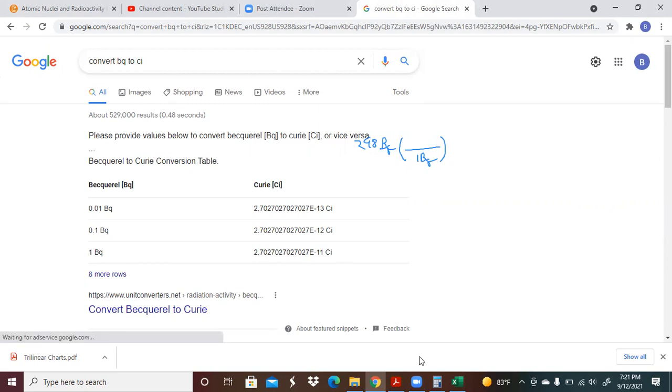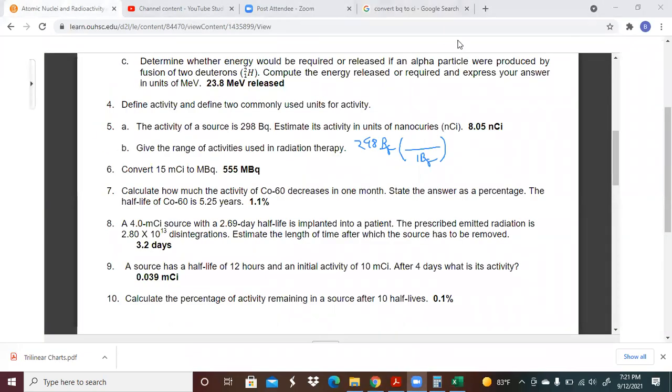I'm going to use a truncated version, 2.7027 times 10 to the minus 11th.